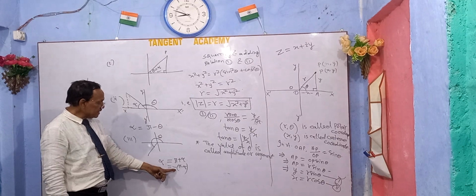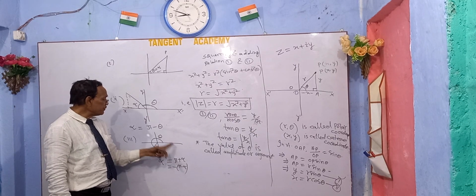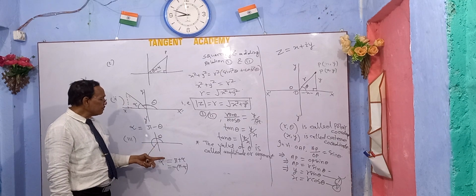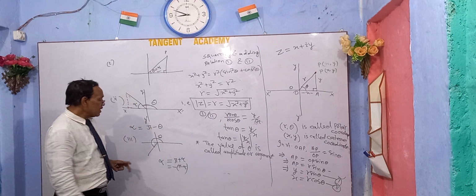Then we will take minus pi minus alpha, or if we take the anti-clockwise direction, we will take pi plus alpha.